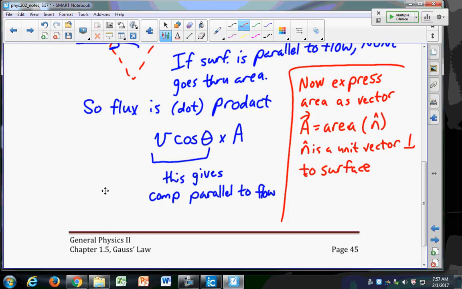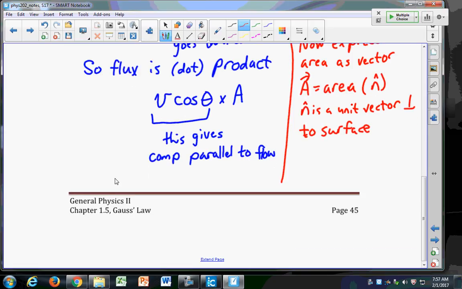And so now we can define our flux. Our flux is equal to the vector v, our velocity has a certain direction and magnitude, dotted with the vector A. And the vector A is the magnitude of the area that's perpendicular to the surface. Okay? So that's a general definition of flux.